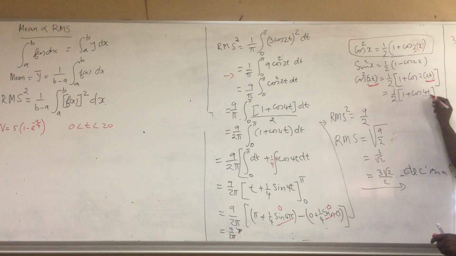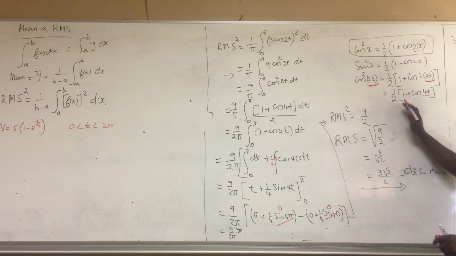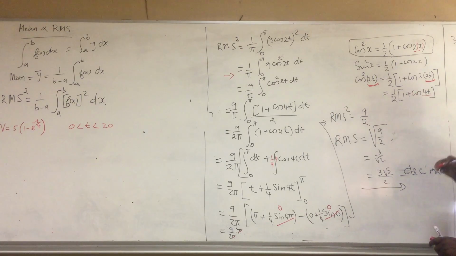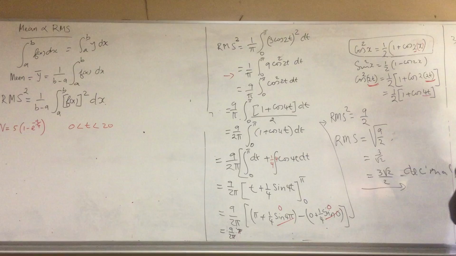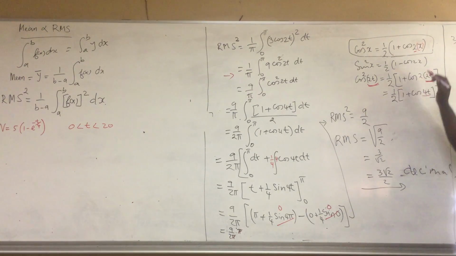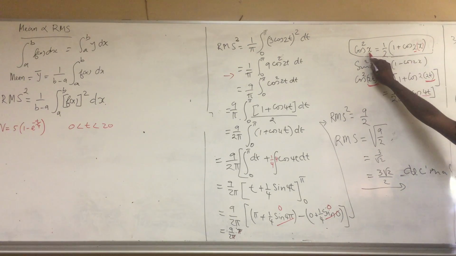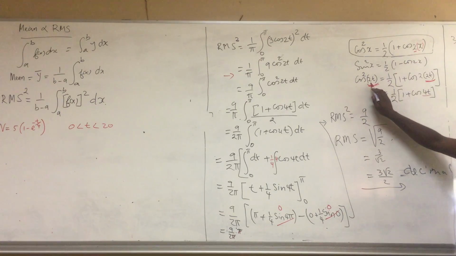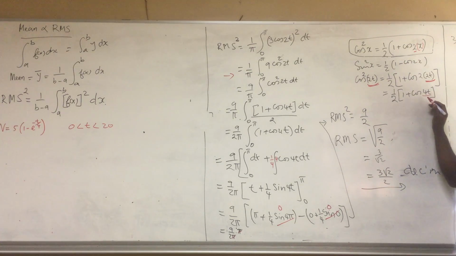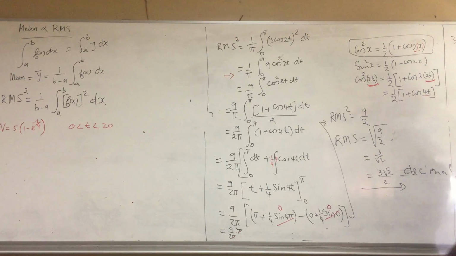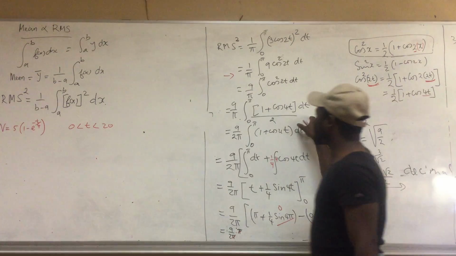And then you end up having 1 over 2 plus 1 over 2 bracket 1 plus cos of 4t. Very, very important. Do not forget. The angle is doubled. Here the angle is 2t, so it has to be doubled. It's going to be 4t. Alright? So you take it, you plug it right here.